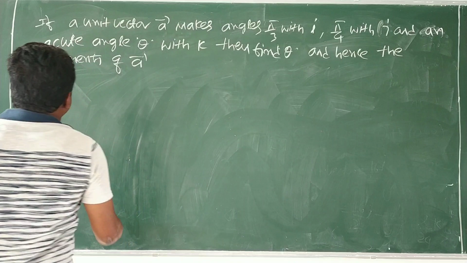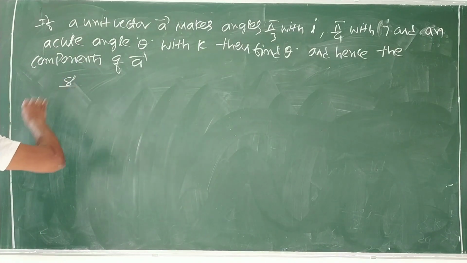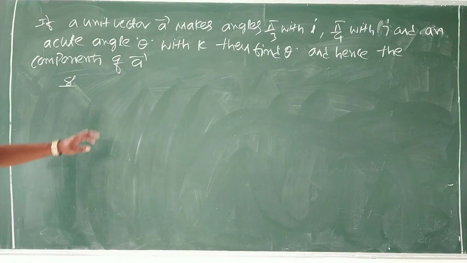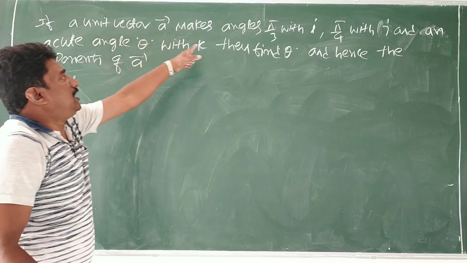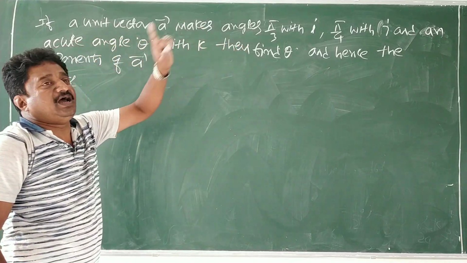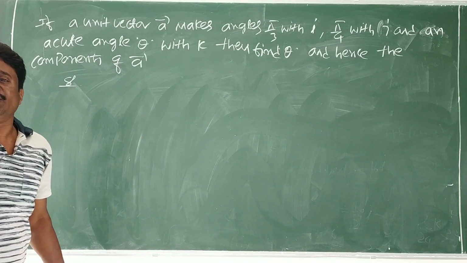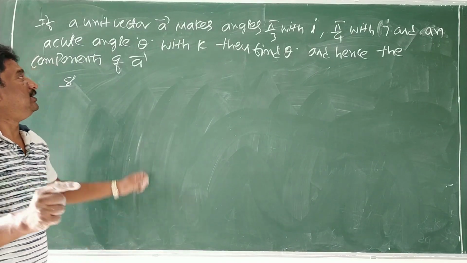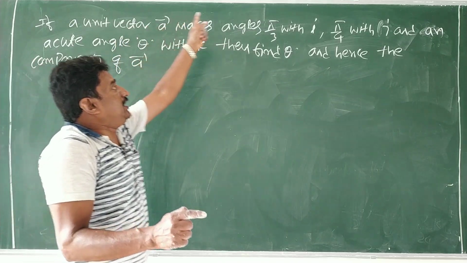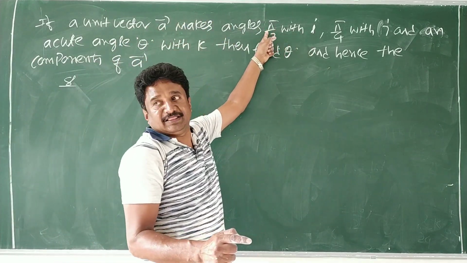Right? Solution. Look at this, students. Vector A makes an angle pi by 3 with i. i means along the x-axis; i is the unit vector along the x-axis. The angle between vector A and the x-axis is pi by 3.